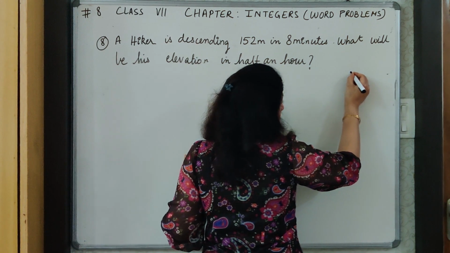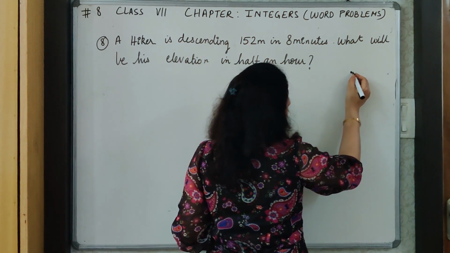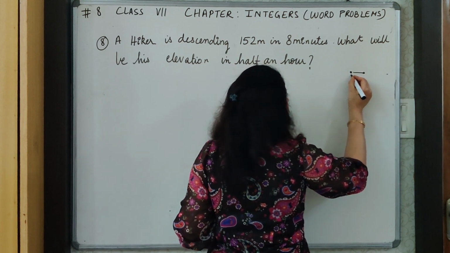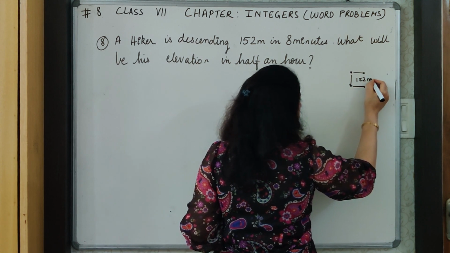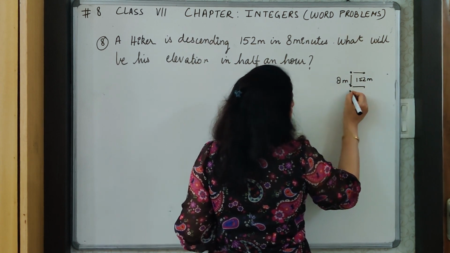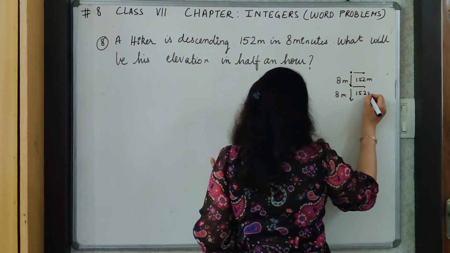Suppose he starts from this point and every 8 minutes he is coming down 152 meters. Then in the next 8 minutes again he comes down 152 meters.